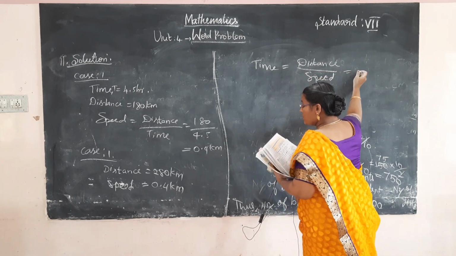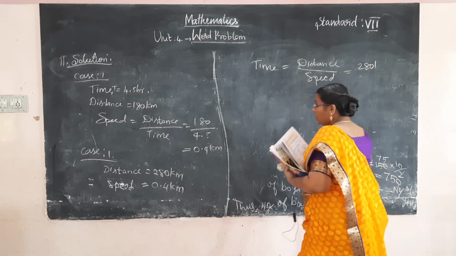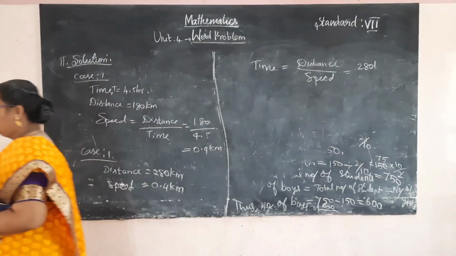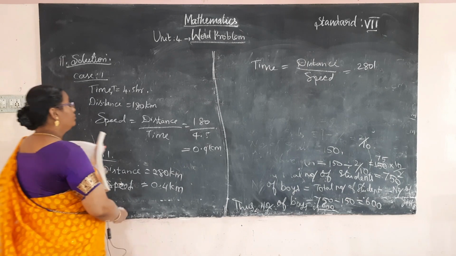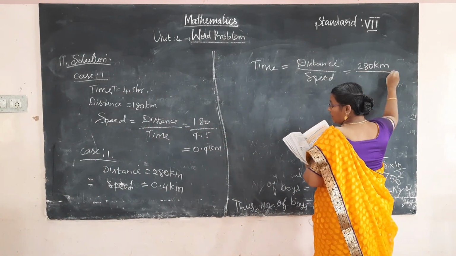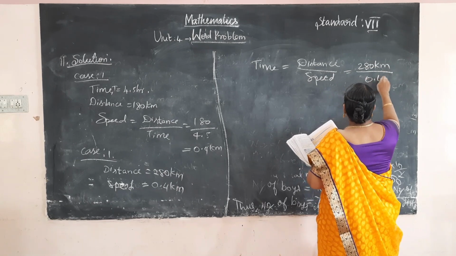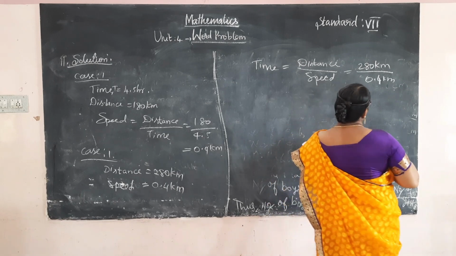So what is the distance value? 280 kilometers, divided by 0.4 kilometer. So what do we get for the time?